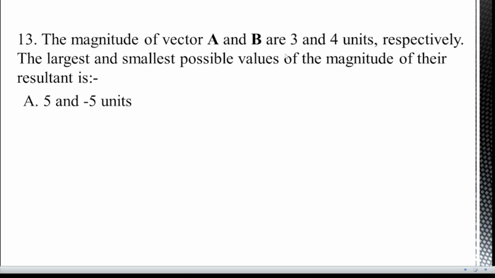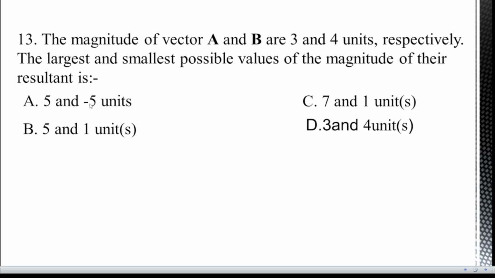The result becomes 1 unit. 3 minus 4 or 4 minus 3, but the magnitude becomes 1, but not negative 5. 5 and 1? No. 7 and 1? Yes. But to decide, we have to see D, 3 and 4. This is not it. The maximum should be 7. The minimum should be 1.